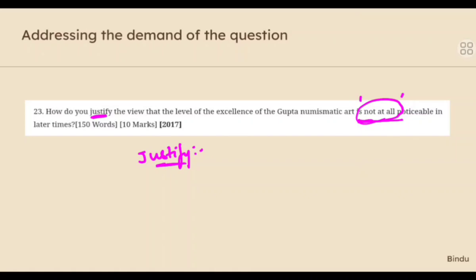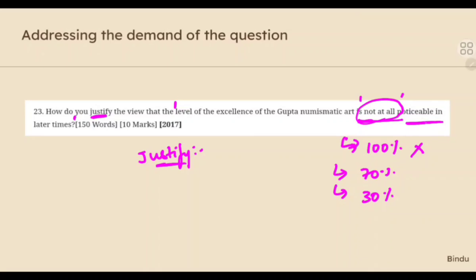In UPSC, justify means they are giving you some statement. Generally, what aspirants do? Aspirants give points which 100% prove that statement. That is actually wrong. You have to give points in such a way that 70% of your points should justify and support the statement, and 30% of your points should actually have some exception.